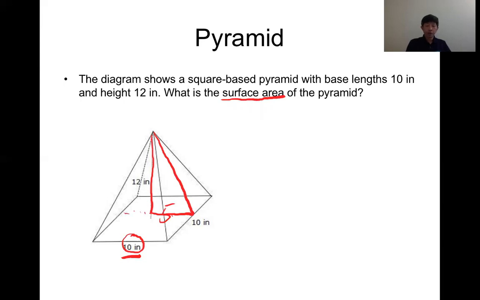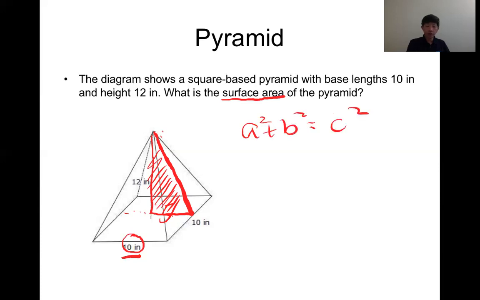Because I want to find out the height for this, that's why I need to find this line. In order to find this line, I need to use the Pythagorean theorem, right? So a squared plus b squared equals c squared.